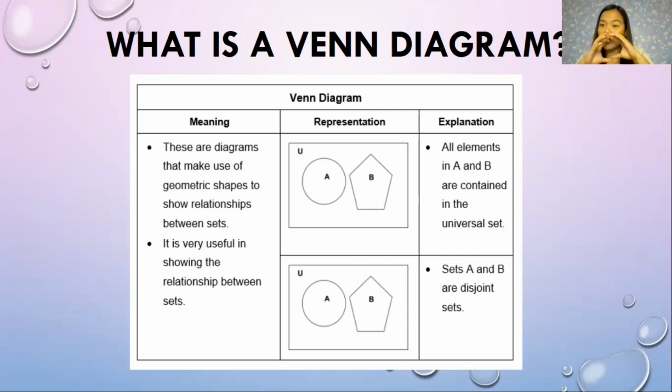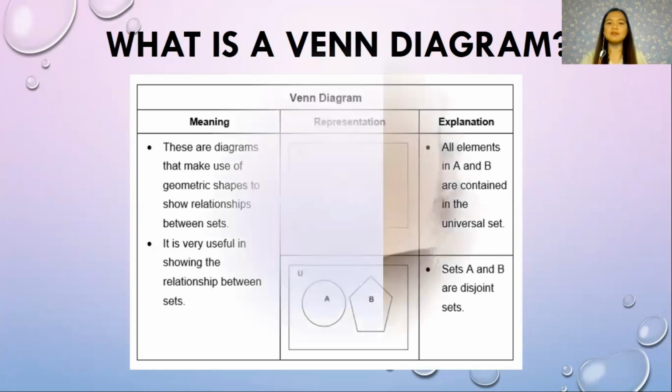So, pwede siyang circle, pwede siyang pentagon, pwede siyang triangle, pwede siyang kahit anong gusto mo. But the standard Venn diagram uses rectangle for the universal set and circles for the different sets. So, yan, nandiyan yung explanation. Tignan nyo na lang sa inyong mga module.